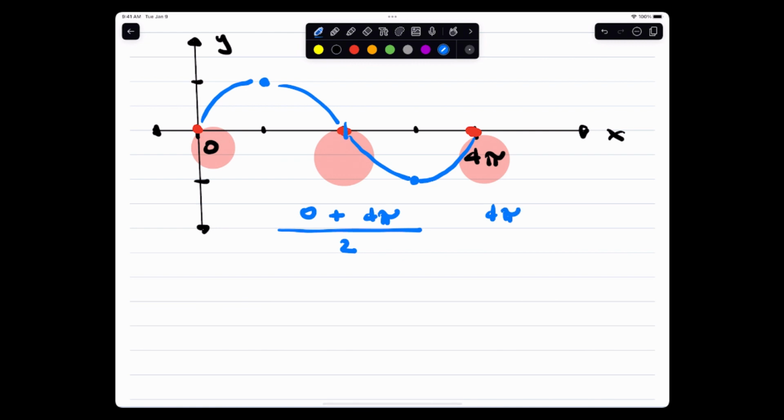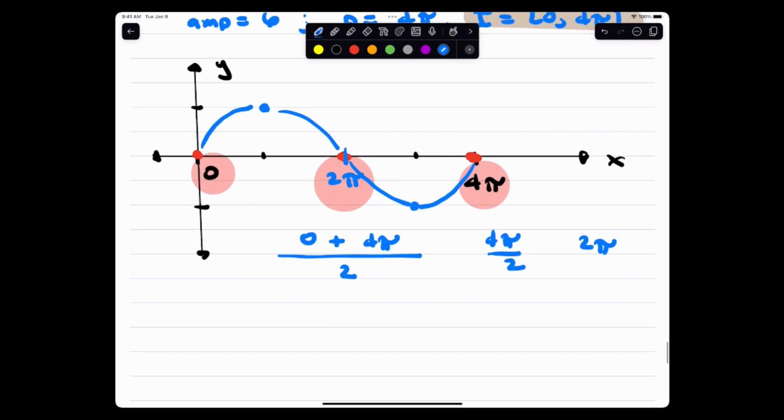Isn't that 4 pi divided by 2, which equals what? 2 pi.